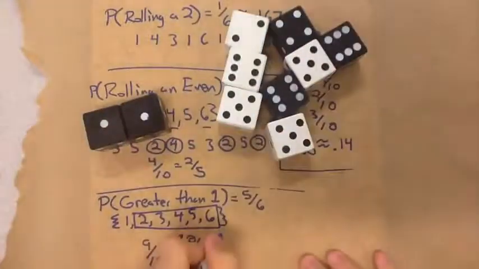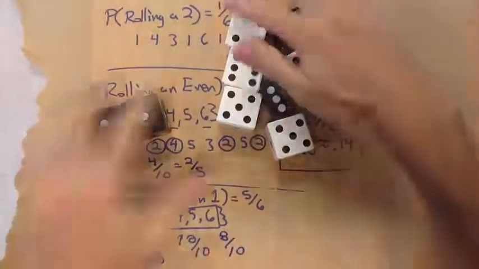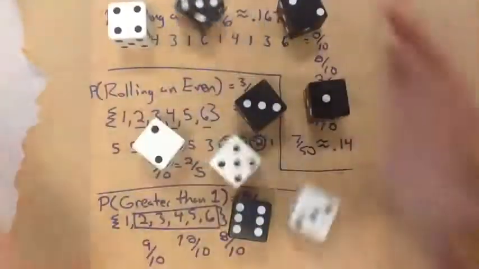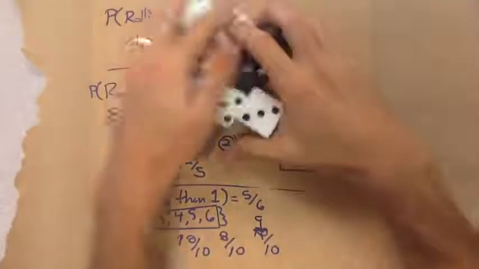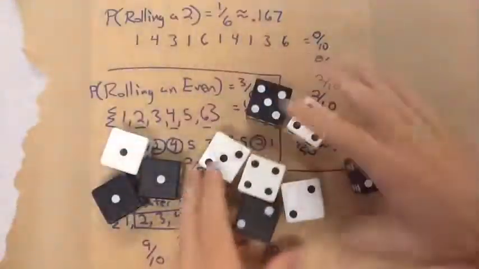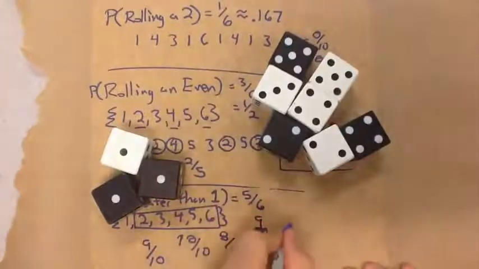We have 2, so that's 8 out of 10. 10 out of 10. Oops, we got 1 there, so that's actually 9. And this one is 7 out of 10.